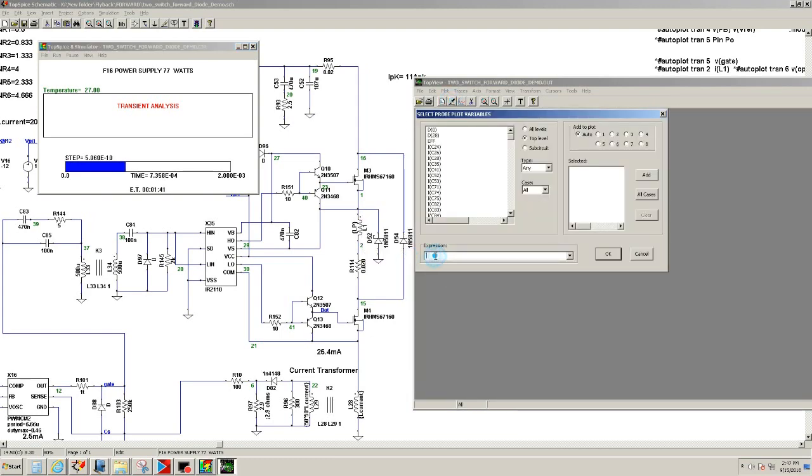I'm going to plot V from node 23 to 1. That would be the top driver. And I put a comma and 1. 23 dash to 1. Will it accept that?